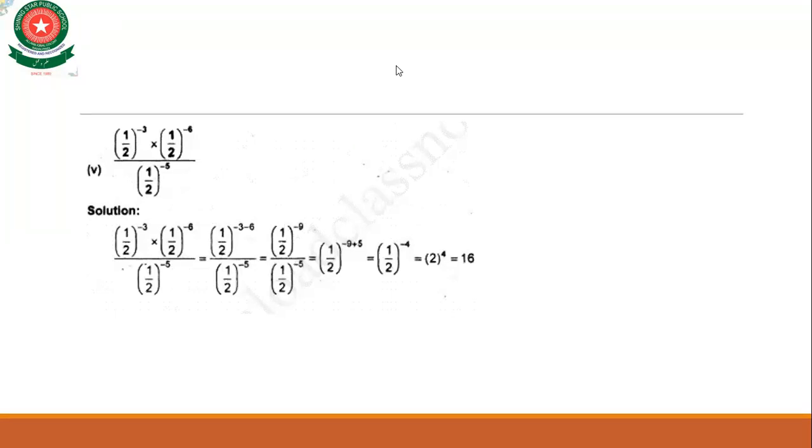And whenever the bases are the same, we add the exponents. So first we take the numerator to solve: (1/2)^-3 into (1/2)^-6. Now -3 minus 6 gives (1/2)^-9.